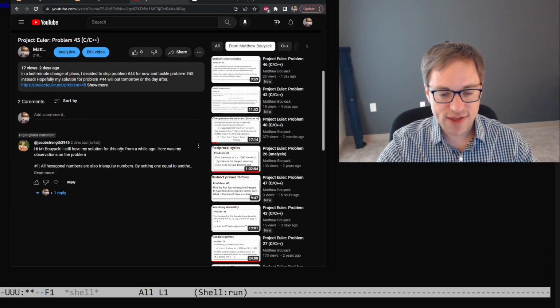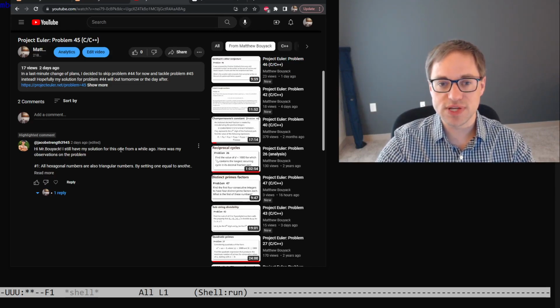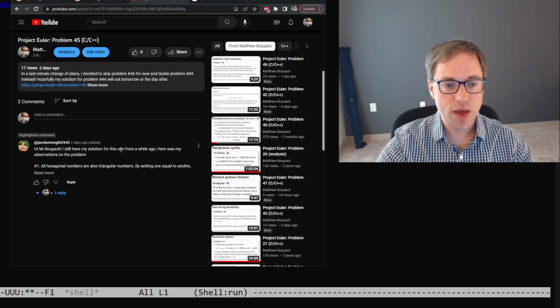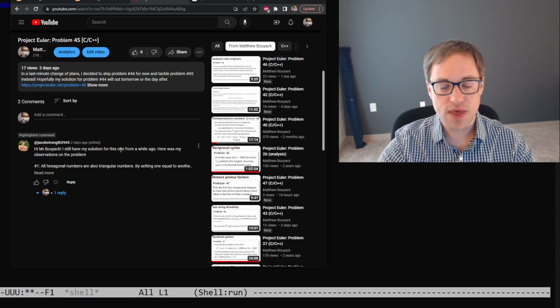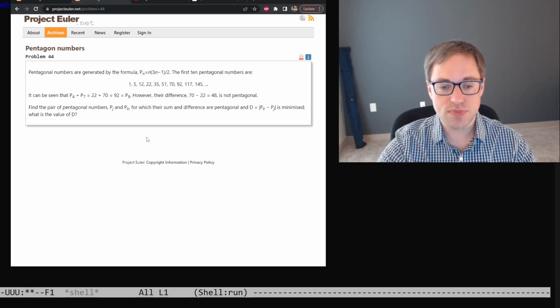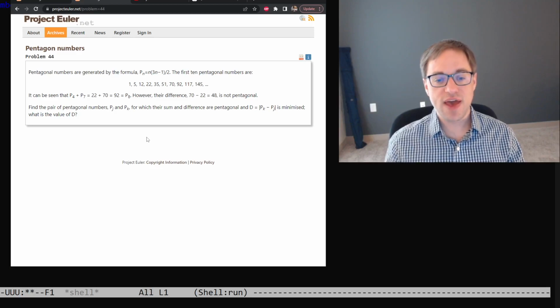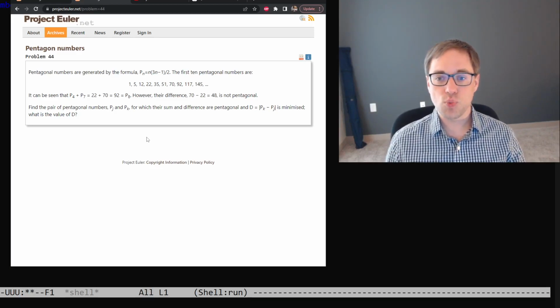Jacob has a method for efficiently determining if a number is pentagonal or not. Just by chance, problem 45 also deals with pentagonal numbers. And so I tried applying Jacob's approach to my original slow algorithm to problem 45, and it makes it just fast enough that I considered it worth presenting.